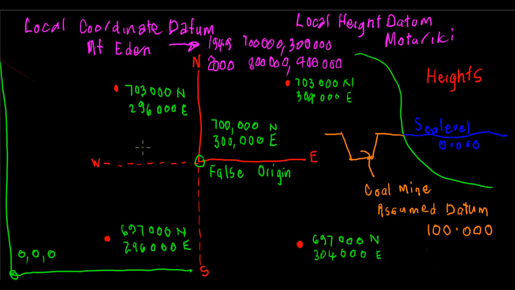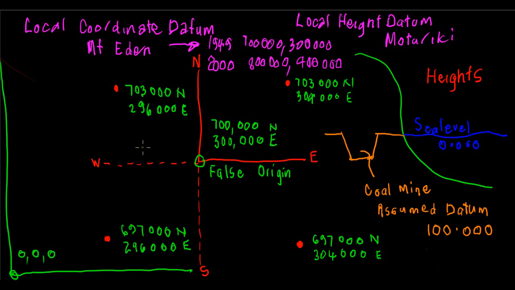So you can see in both instances the 700,000 and 300,000 is probably the optimum, but the 800,000, 400,000 still does the job nonetheless. Six-figure values give good false origins and easily identified coordinates. We know which is the northing and which is the easting, so they're very suitable.